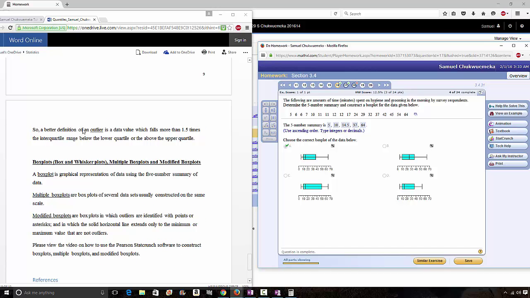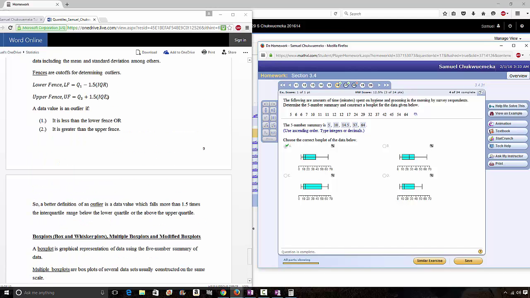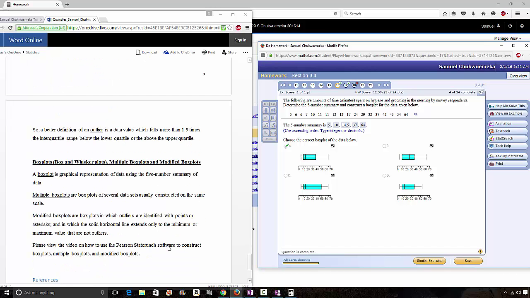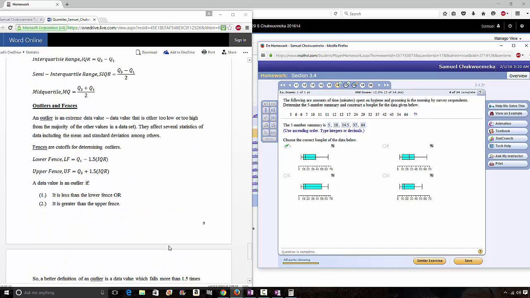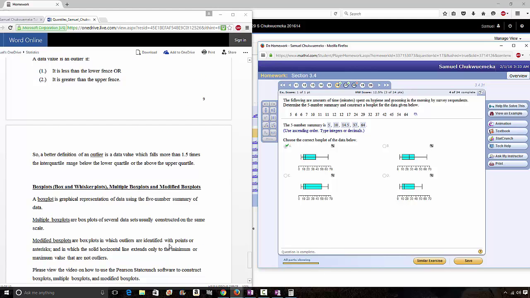So a better definition would be a data value which falls more than 1.5 times the interquartile range below the lower quartile or above the upper quartile. We use the 5-number summary of data to draw box plots.